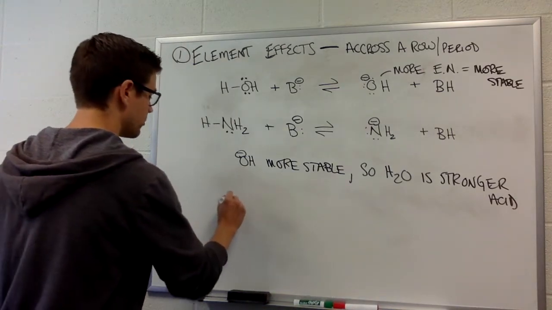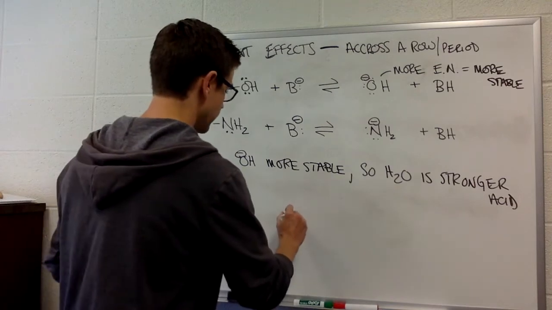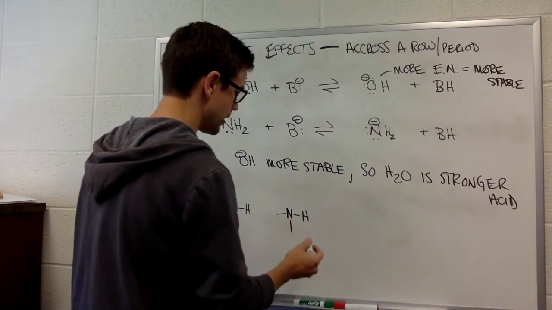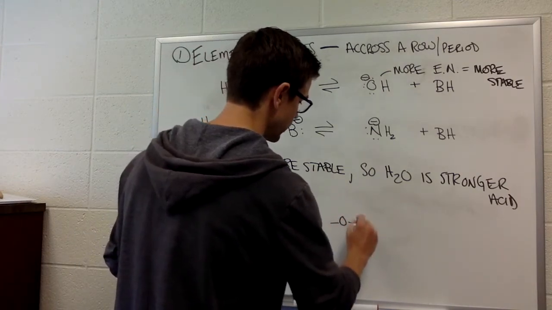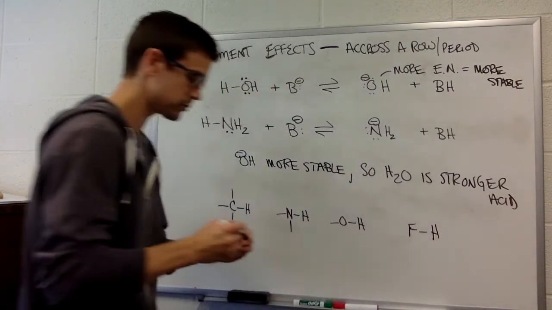Carbon might be attached to 4 things and have a hydrogen. Nitrogen is going to be attached to 3 things, and one of those is going to be hydrogen. Water or oxygen would be attached to 1 thing, and fluorine will have its hydrogen.